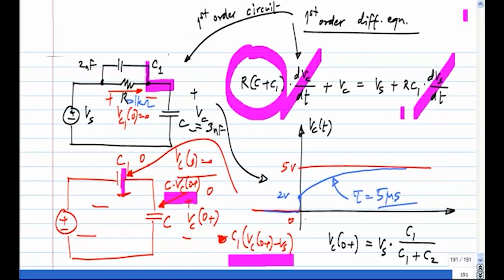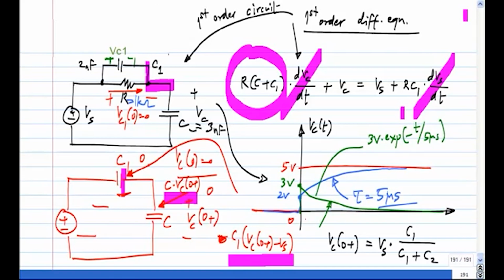We can also evaluate Vc1, the voltage across the capacitor C1. It will jump to 3 volts. And what is the final value? 0. So what happens to the waveform? It will do that, and it will also have the time constant, which is 5 microseconds. Just looking at this, I can write that this equation is 3 volts exponential minus t by 5 microseconds.